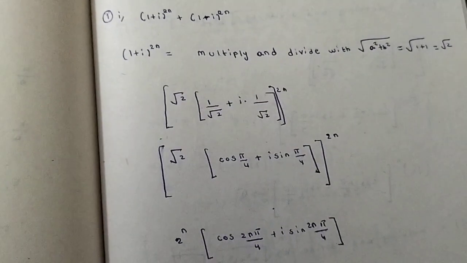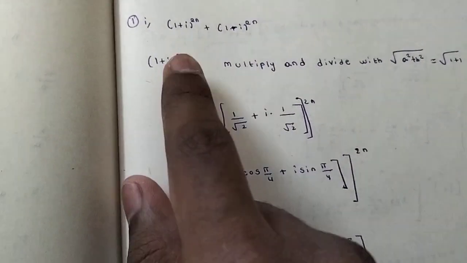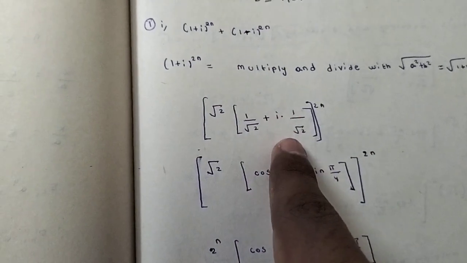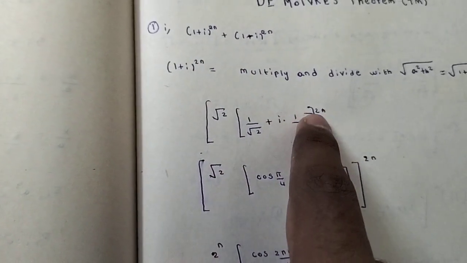Now root 2 into (1/root 2 + i into 1/root 2) whole to the power of 2n.